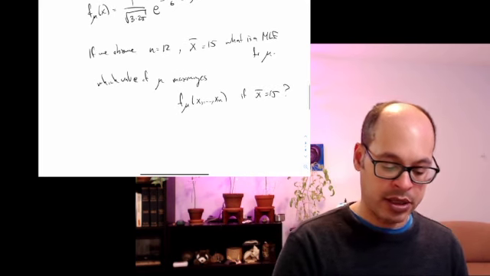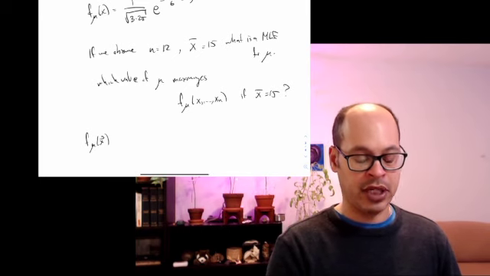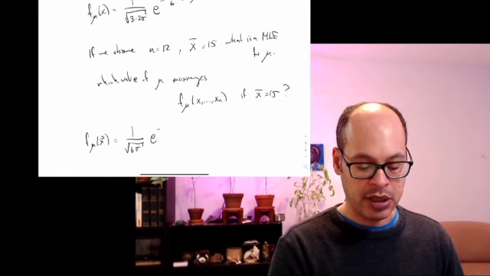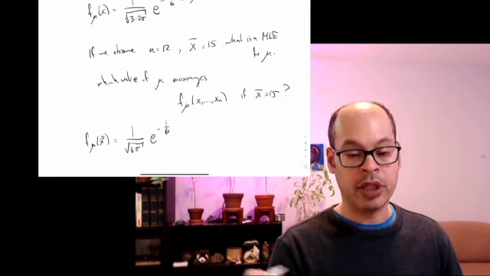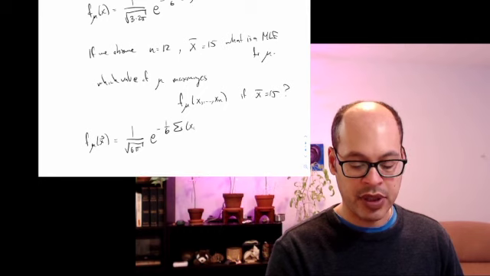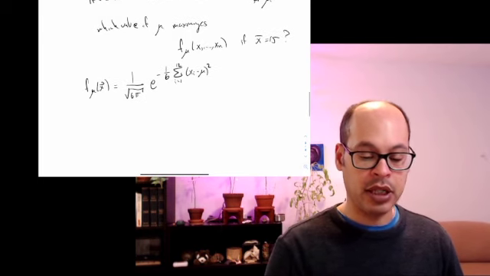So we get that this f mu of x vector is 1 over root 6 pi, e to the minus 1/6, and when I multiply these all together, I get a summation in the exponent, xi minus mu squared, i equals 1 to 12. Okay, that's my joint density function.